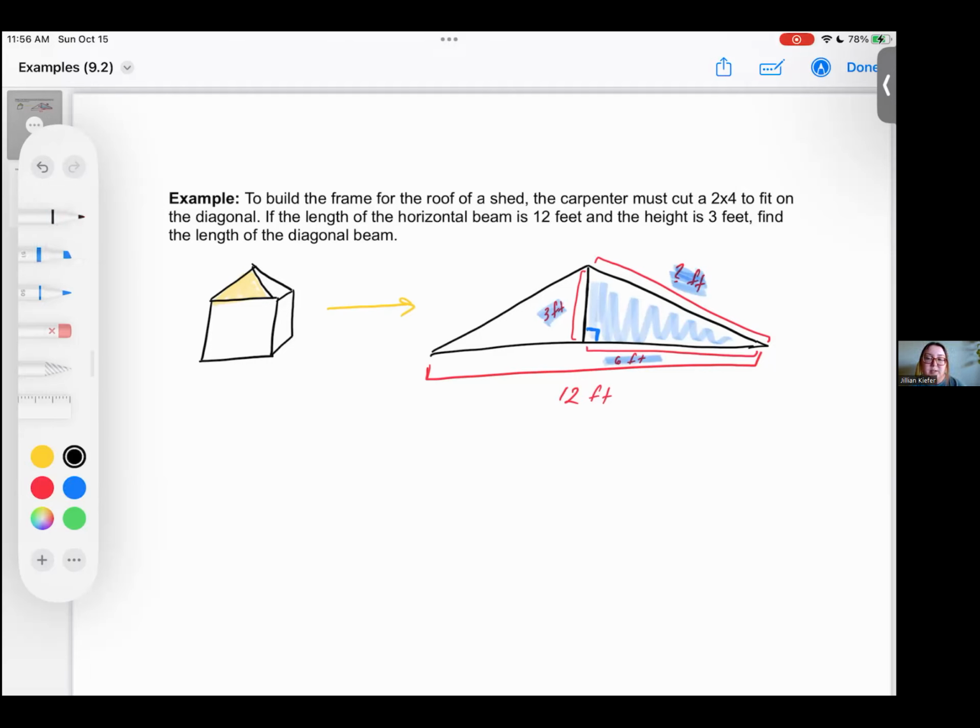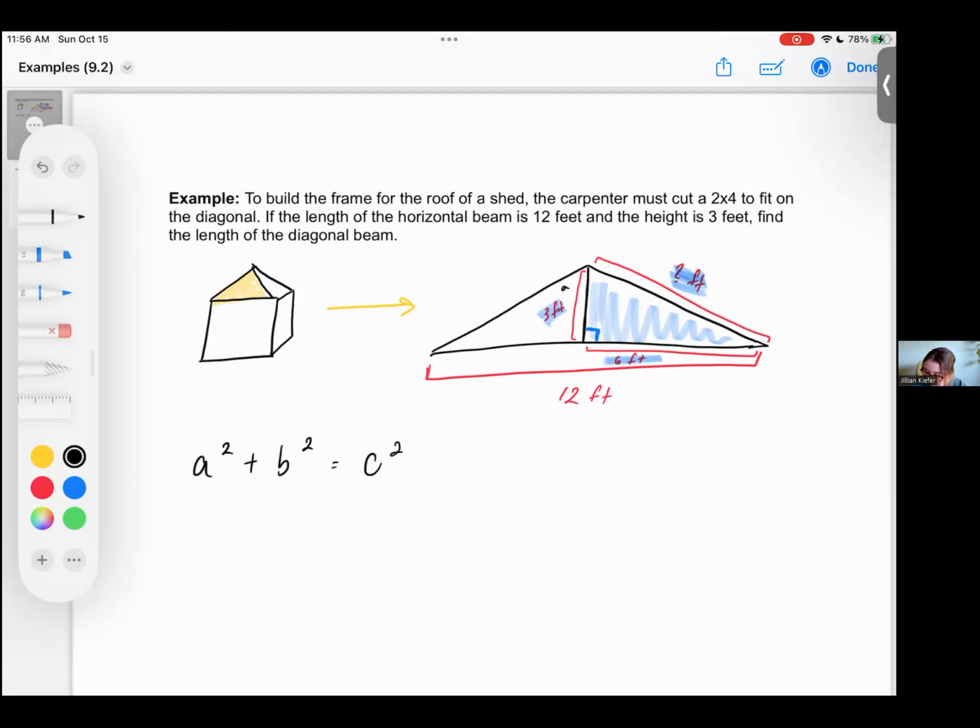So these are the units that we'll use when trying to find that last length of our right triangle. Now remember, a right triangle uses the Pythagorean theorem: A squared plus B squared equals C squared. So we can label our lengths here.